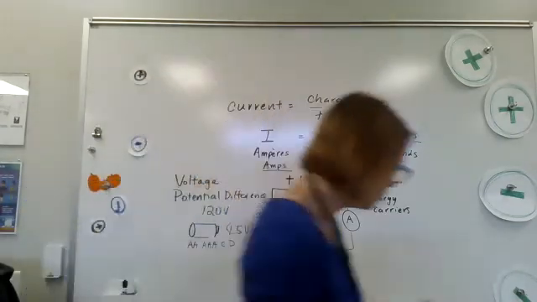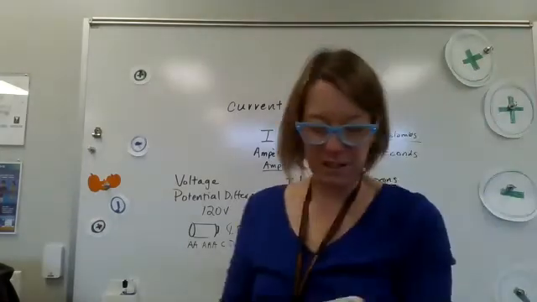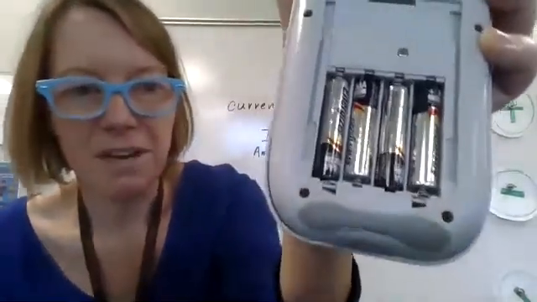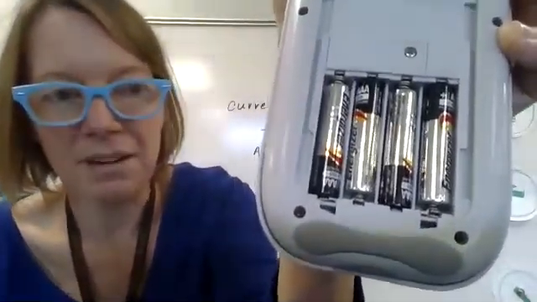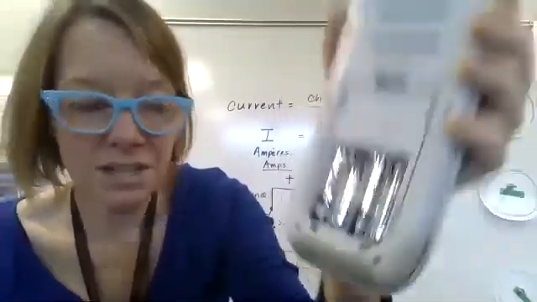I don't know if you still have your graphing calculators handy, but here's my graphing calculator, and here's my 4 batteries. These are wired so that all 4 of those batteries are in series.